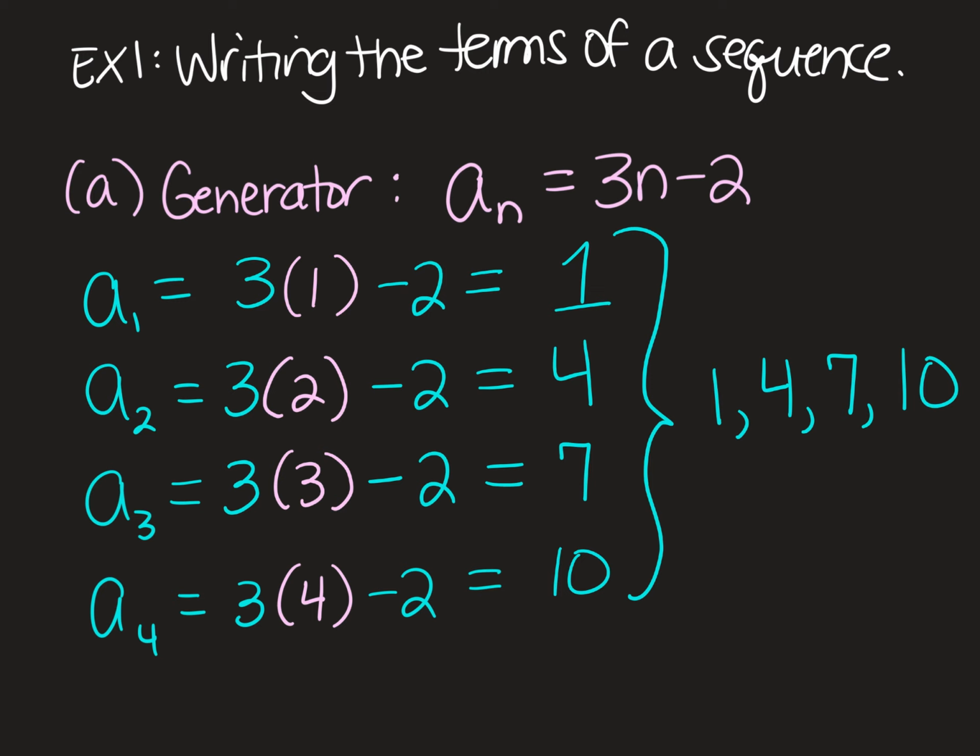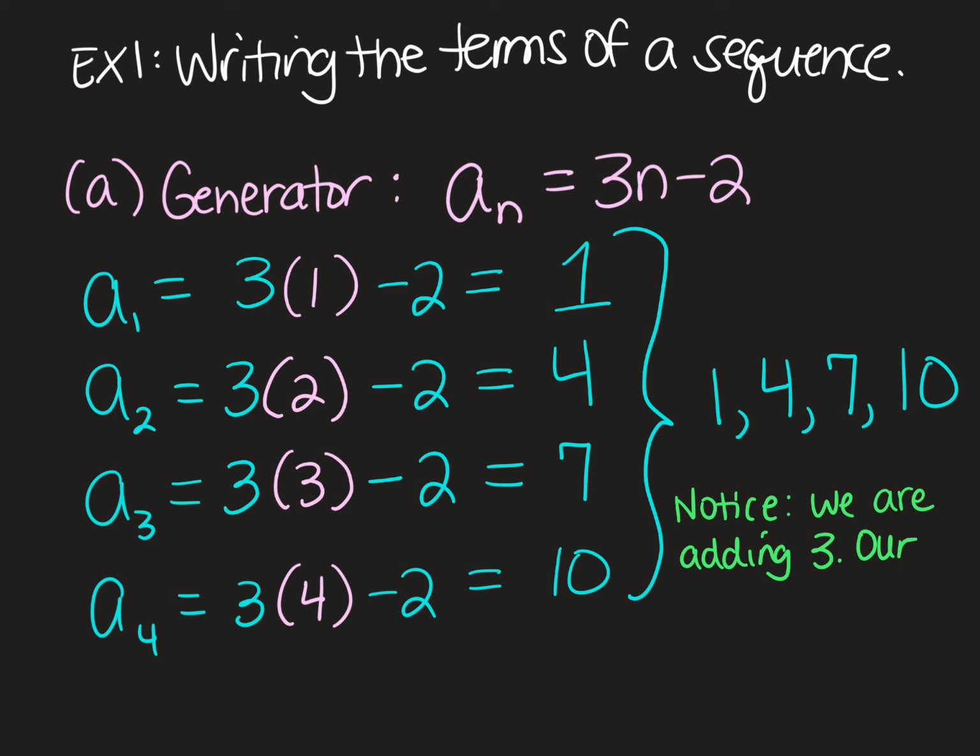Now just stand back for a second, and I want to analyze this just a little bit because it'll help with what we'll do later. What do you notice about the sequence that we just wrote, 1, 4, 7, and 10? What's happening from one term to the next? You're adding 3, right? We are adding 3.